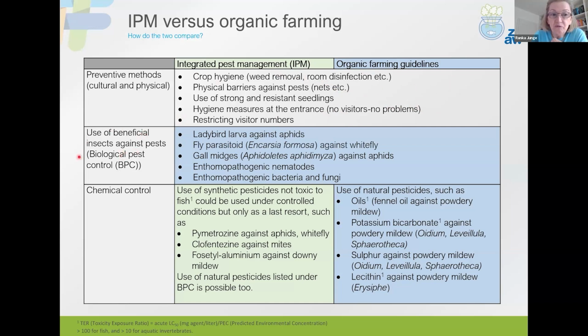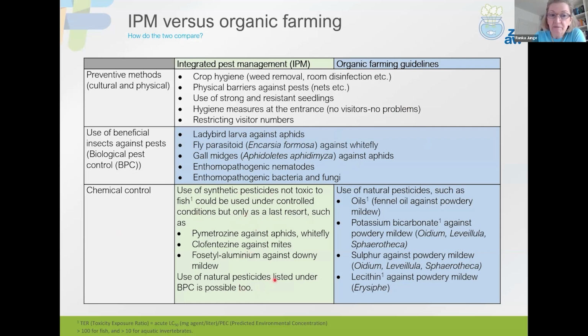Now, also use of beneficial insects against pests. The biological pest control is the same in both. You can use organisms for biological pest control in integrated pest management and in organic farming. Well, with chemical control, there is a difference. In integrated pest management, you are allowed to use synthetic pesticides not toxic to fish, especially if you have aquaponics, but only as a last resort.